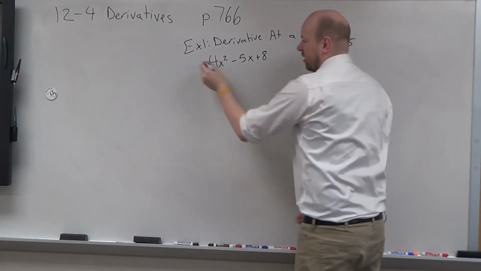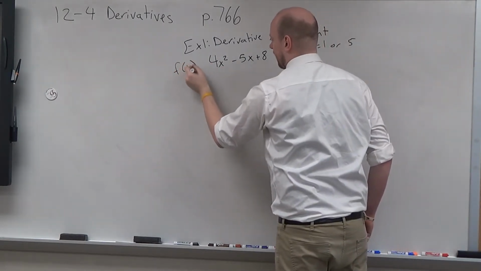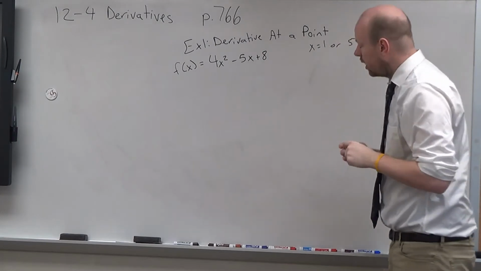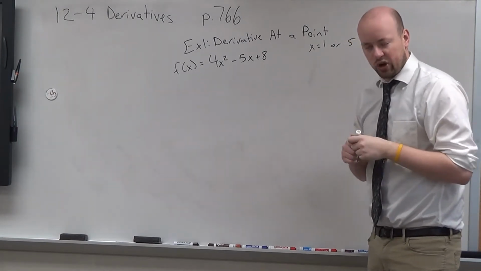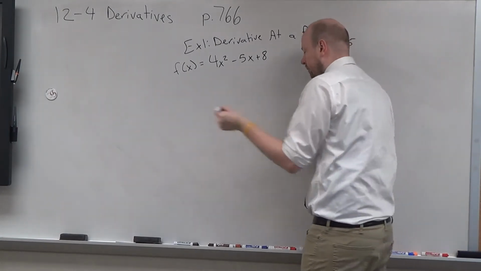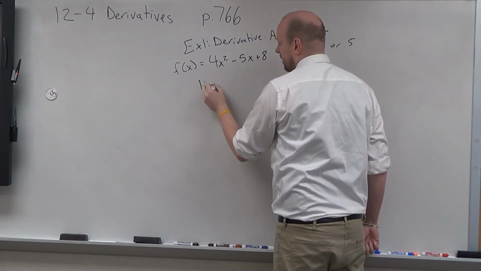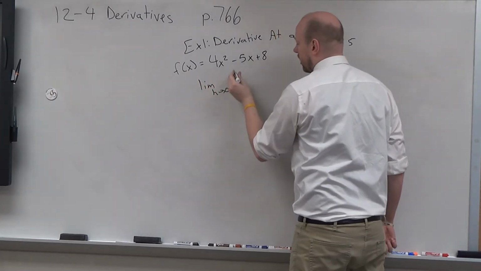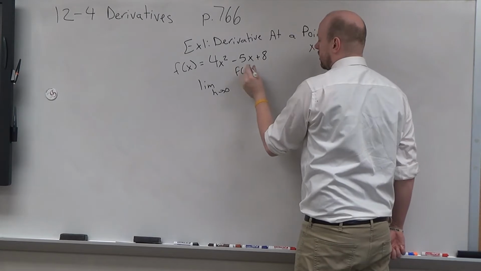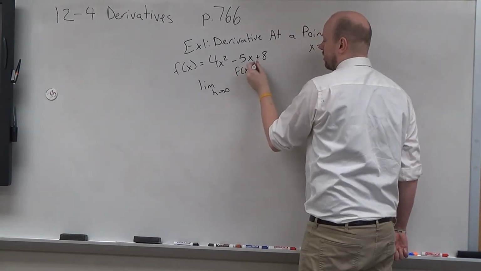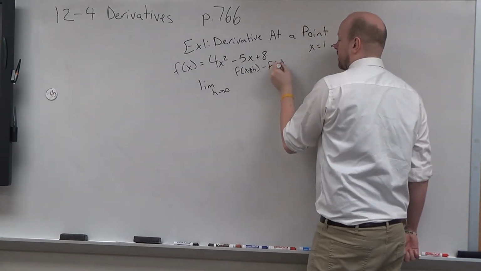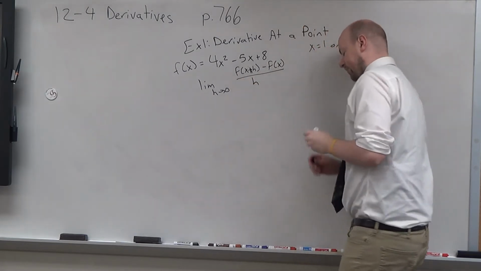Now this would be my f of x. I have to start with some sort of function. And I should, in this case, start with my tangent line, the limit as h approaches 0 of f of x plus h minus f of x all over h.